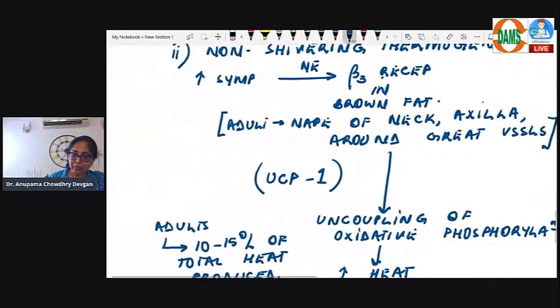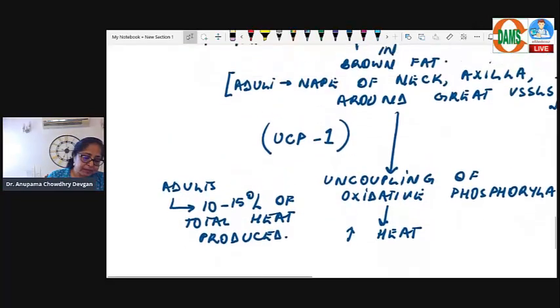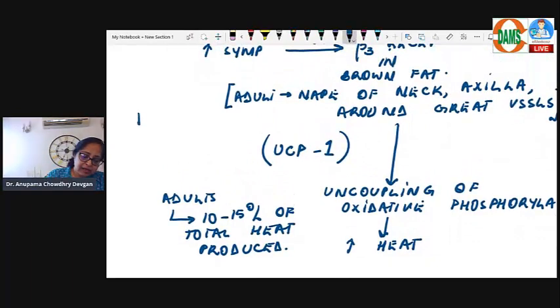Now, the next important point is that in non-shivering thermogenesis, a lot of people believe that we must include the thyroid response. There is an increase in TRH in cold, in winters. What is TRH? Thyrotropin releasing hormone from the hypothalamus.